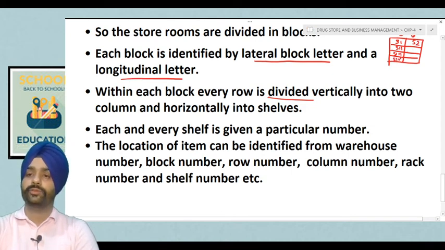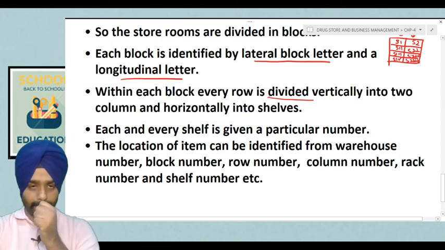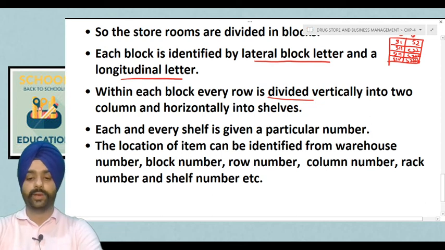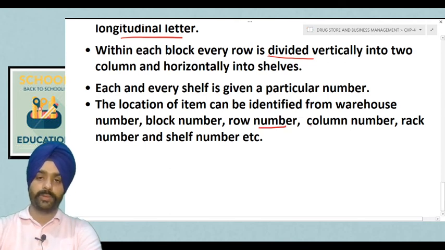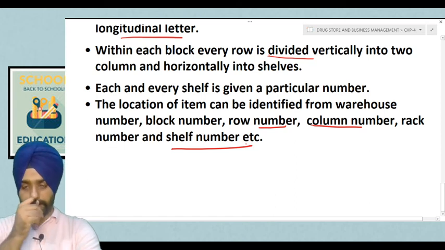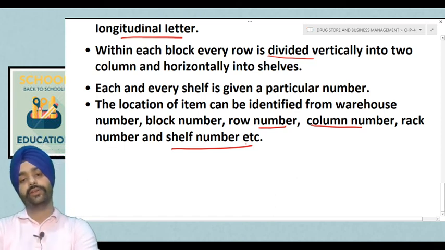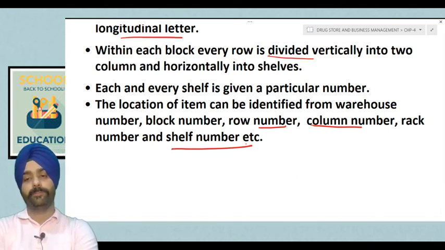So, this is S2, S22, S222. So each and every shelf is given a particular number. The location of an item can be identified from warehouse number, block number, row number, column number, rack number and the shelf number. So it is easier and it is mostly applied in big organizations where a large number of items are being stored.